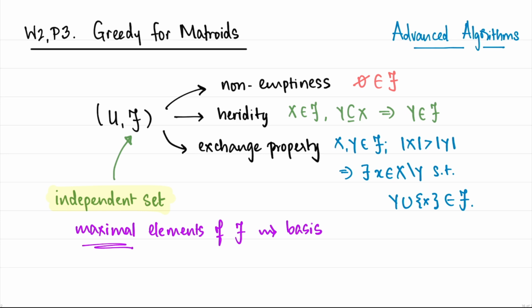What's useful is to remember that members of F are called independent. The maximal sets in F all have the same size. That common size is called the rank. So rank and independent are the two words worth remembering from this discussion.